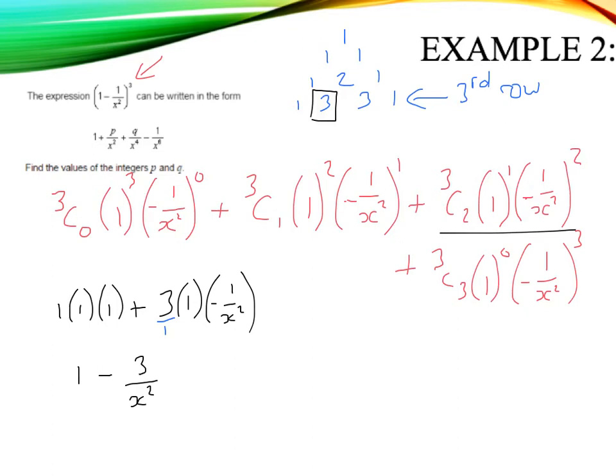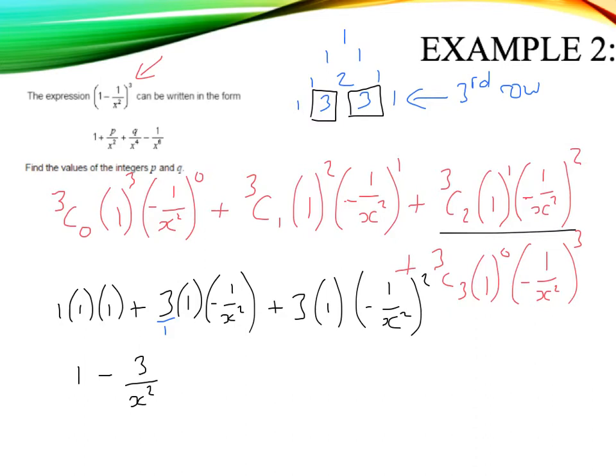So I've got 3C2, which is 3. So plus 3 lots of 1 to the power of 1, which is 1, minus 1 over x squared, squared. Right, let's tidy this bit up then. So again, we've got 3 times 1, which is 3, 1 over minus x squared, all squared. So this is timesing it by itself now.